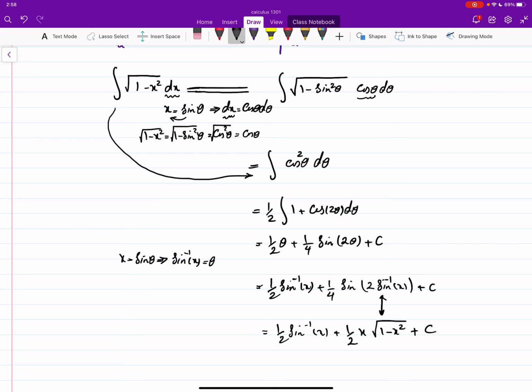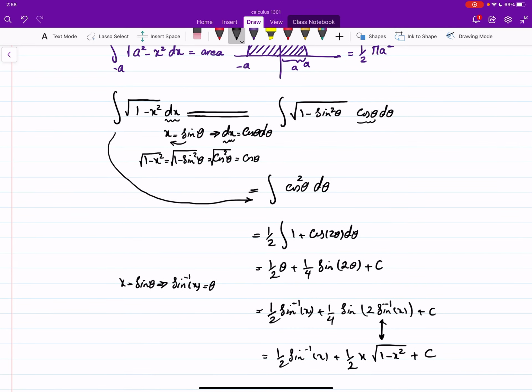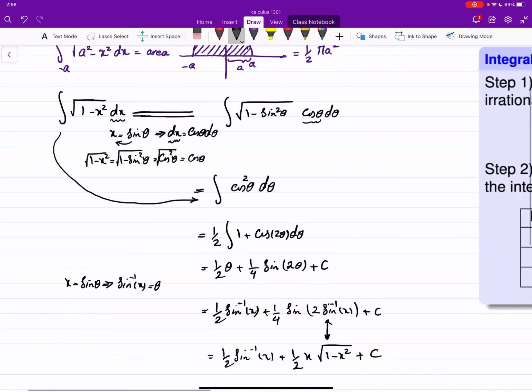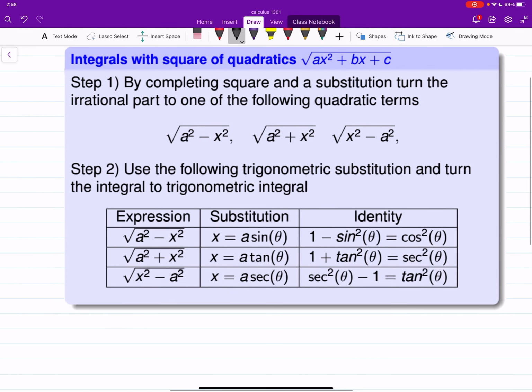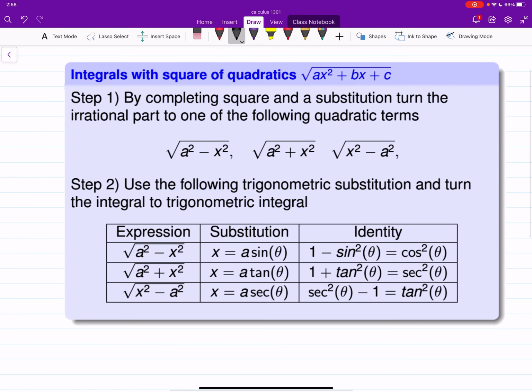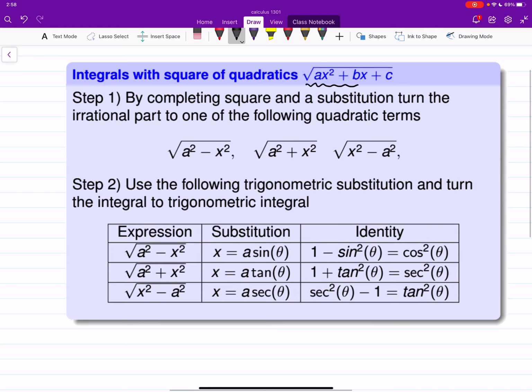So this example, as a base example, opens a big area that is new and nice. These are called trig substitutions. When is it helpful? When our integrand has terms like this, the square root of a quadratic term.